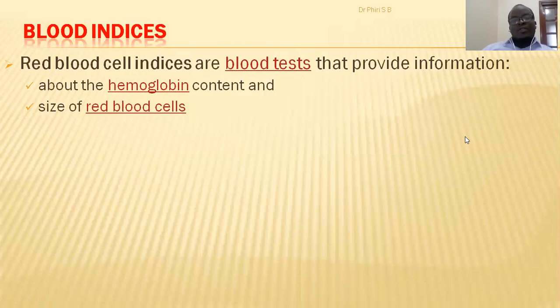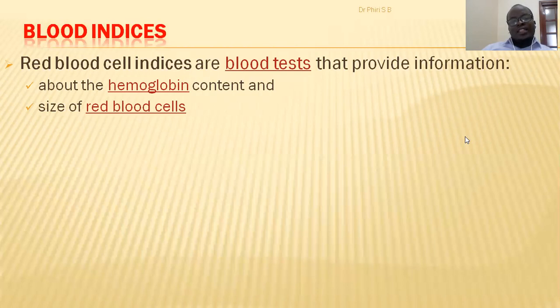So when you're talking of hemoglobin content, that will point to the color of red blood cells. If they have normal hemoglobin content, then that cell is called normochromic, because the color is normal.